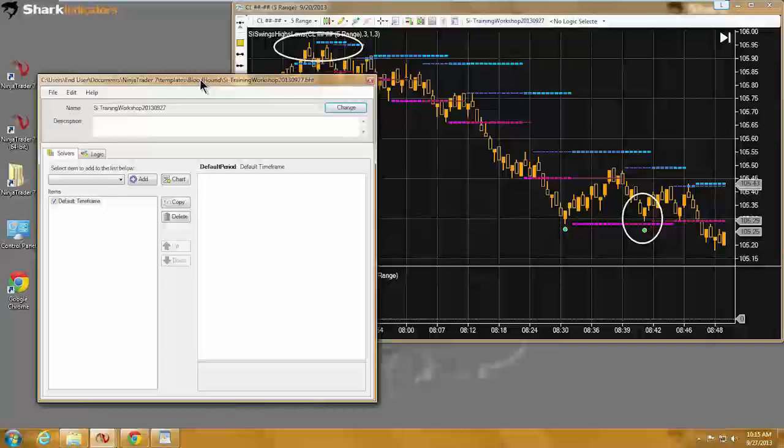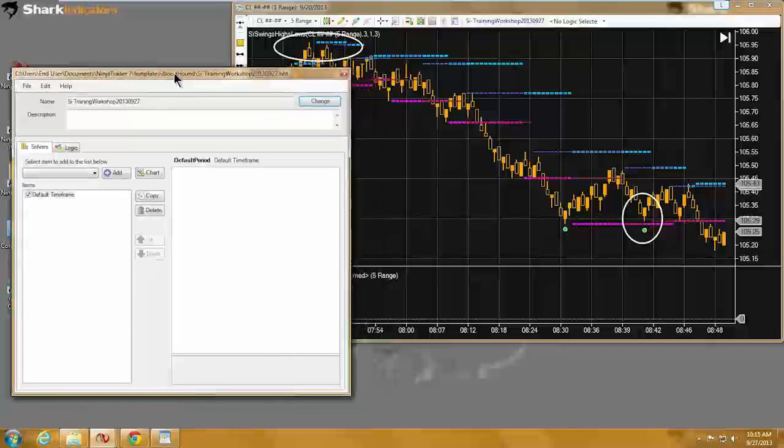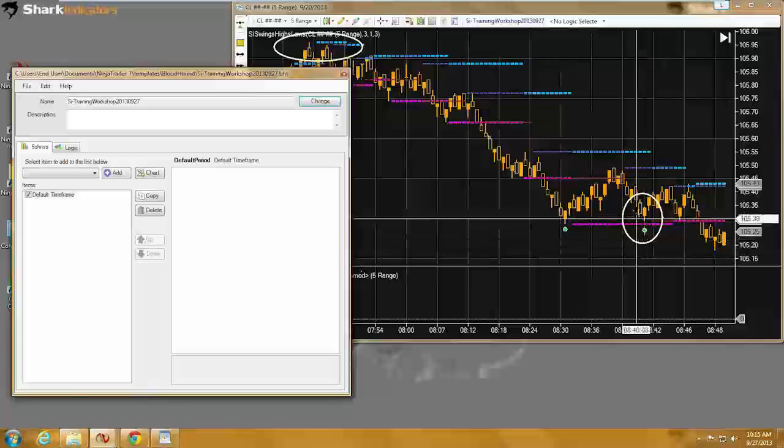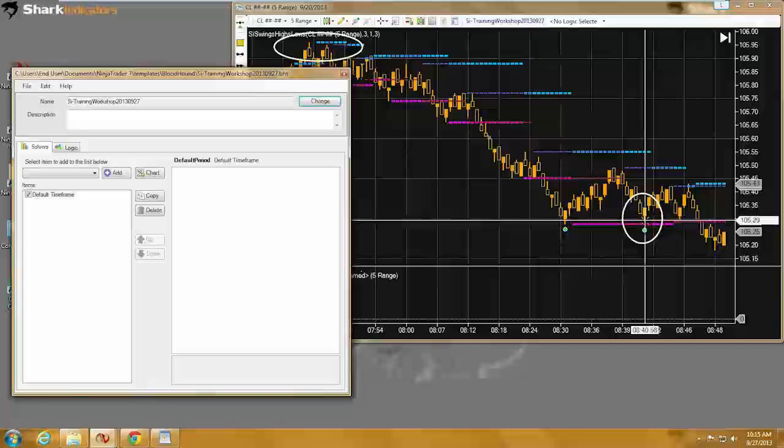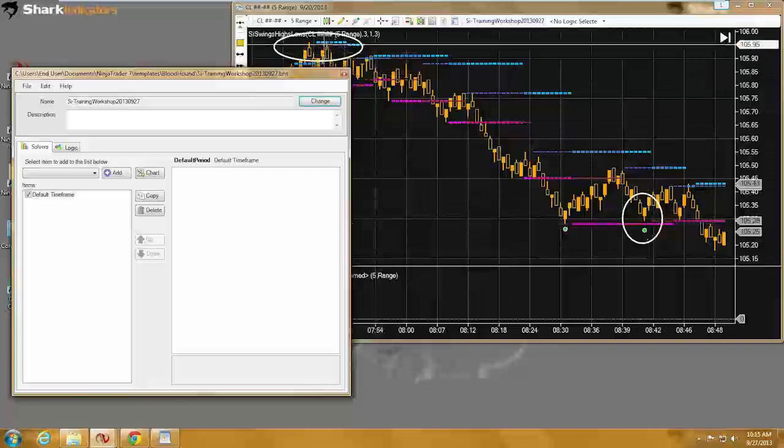All right, so the first thing I'm going to work on is the core solver, which is going to detect the initial condition. Our initial condition is we're going to be looking for price, in this case the low price for double bottoms and the high price for double tops.